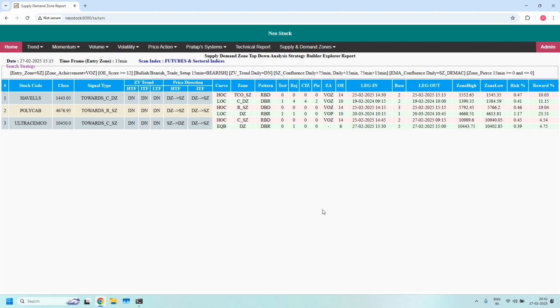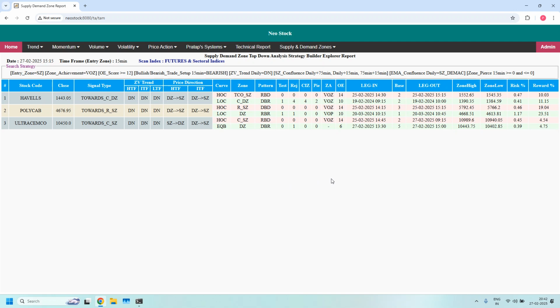So that means all the 3 stocks daily supply zones are having daily EMA confluence. In the daily supply zone, our 15-minute supply zone is overlapped. It's a fine-tuned zone. All these 15-minute supply zones are fine-tuned zones in the daily supply zones. Okay, this is about bearish trade setup for daily income trade.